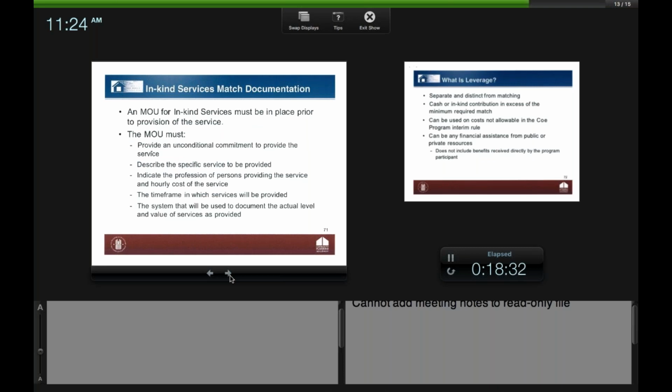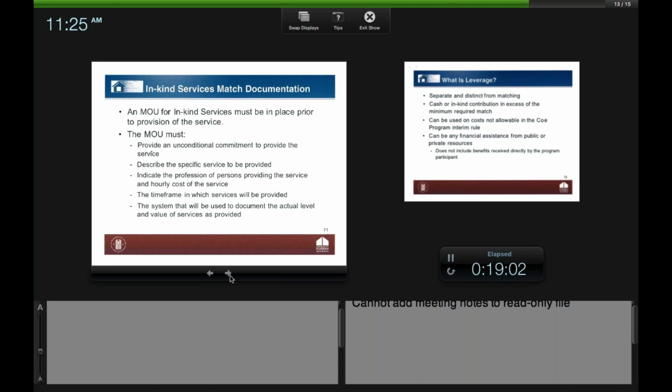Most often, in-kind services committed by a third party are committed for match, and oftentimes it's in a greater amount than the 25% obligation. As mentioned under the previous, what we call legacy programs for Shelter Plus Care, the match requirement was dollar for dollar, or 100% match.